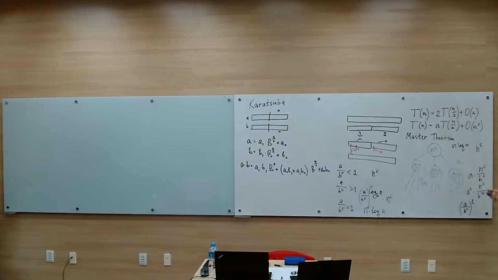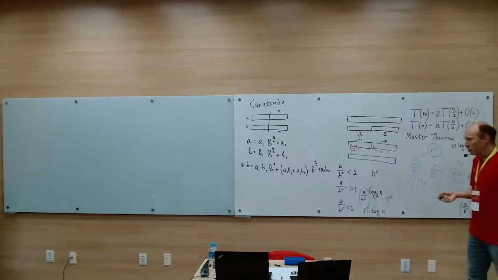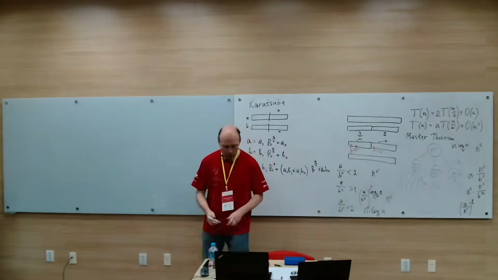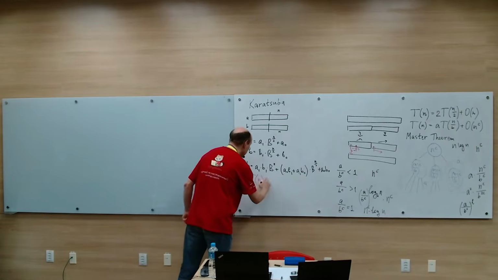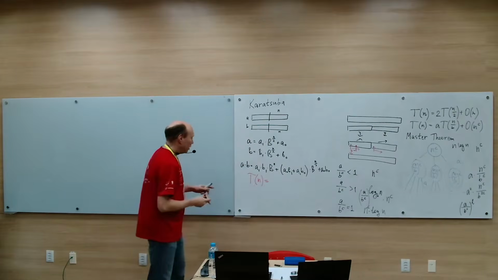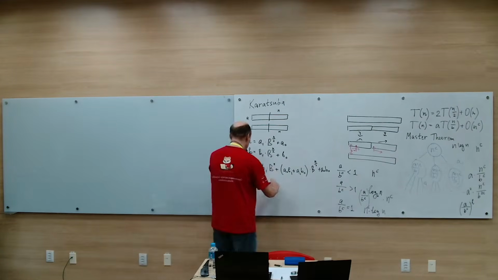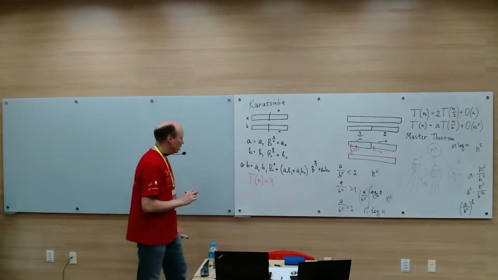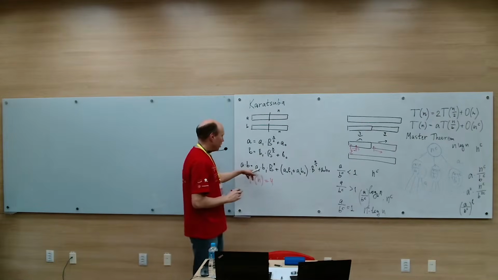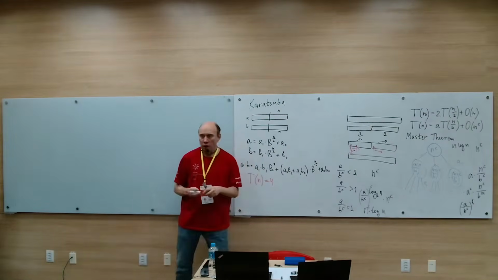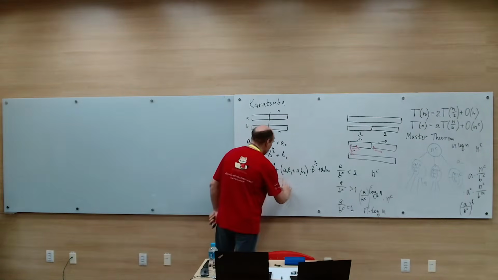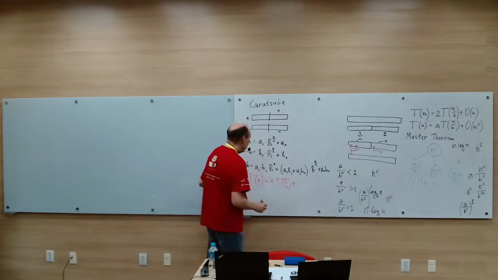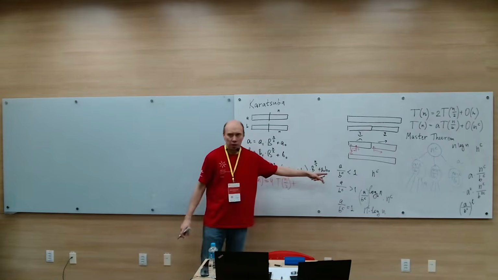If you look at this and try to apply our approach directly, what do I have? T of n equal to 4 times T of n divided by 2, because these small parts are half the size of the original parts, plus, and then we have to sum this all up.